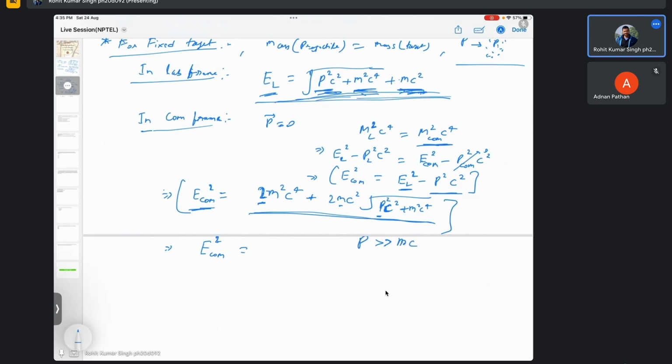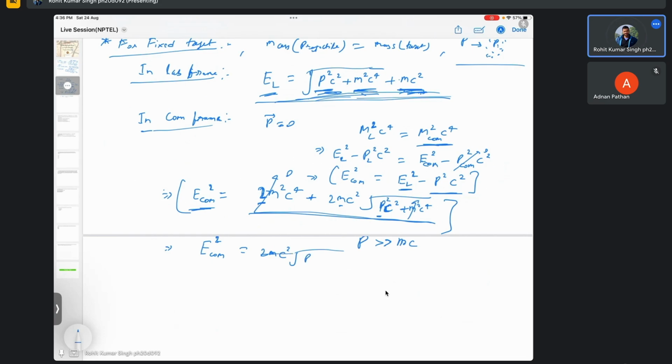So this one will be negligible because it's m squared, so we will ignore this, and also this we can ignore, right?